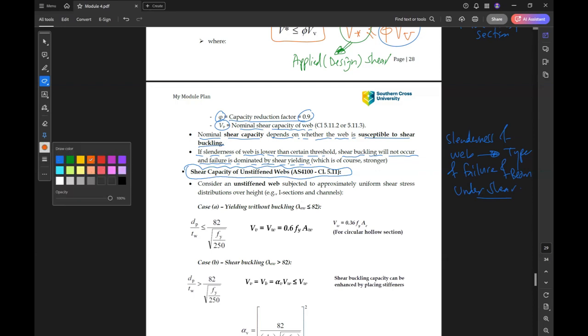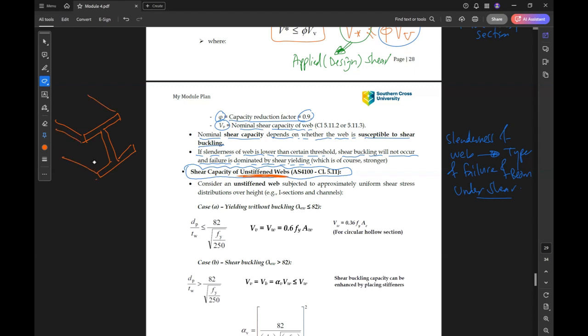We have the unstiffened web, or the web without any addition. So if this is our section, this is the unstiffened web without anything to support it. This is our cross section and the beam extends in this direction.